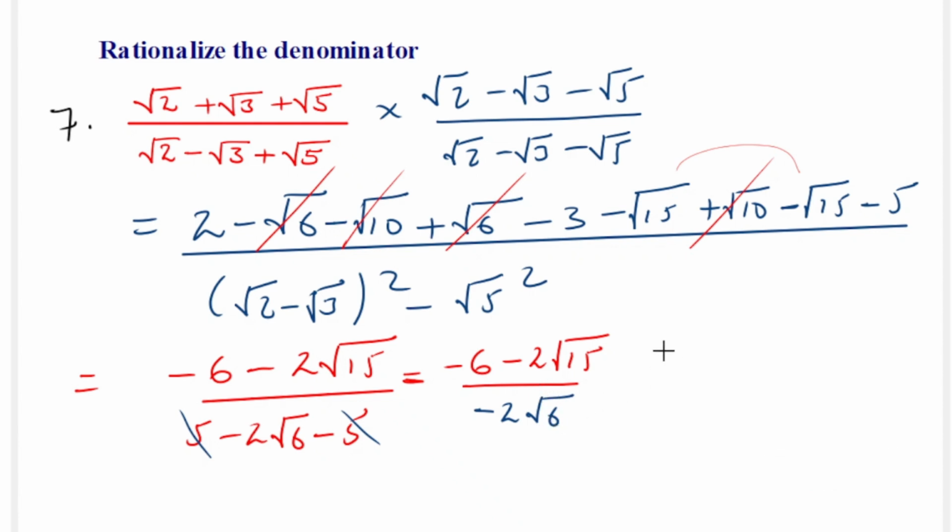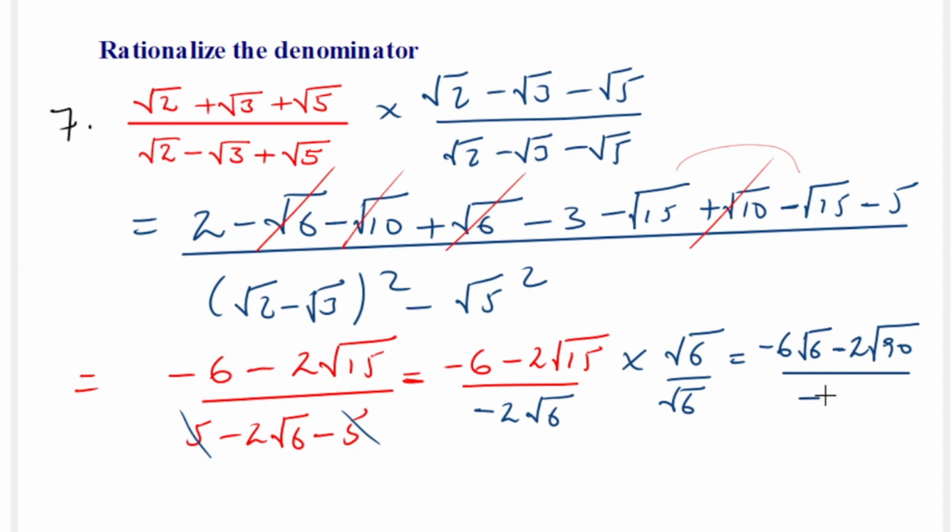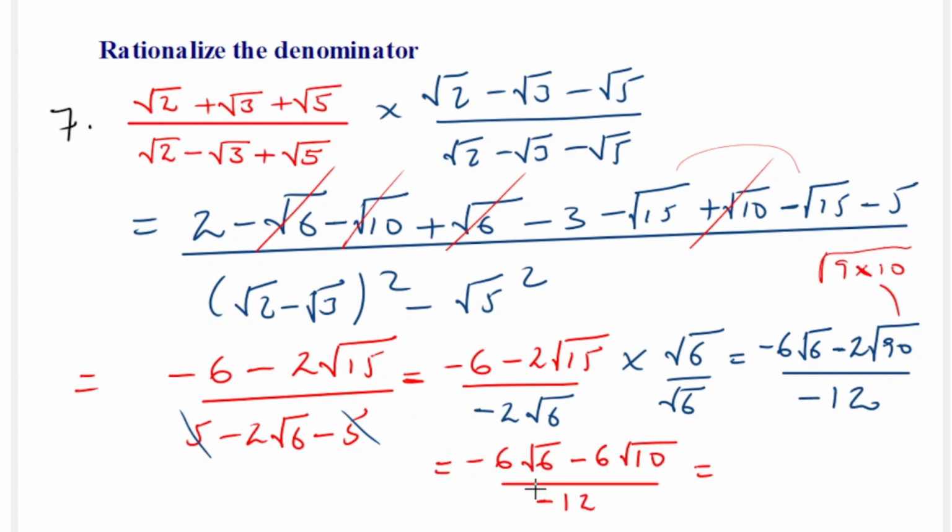We must eliminate it by multiplying both numerator and denominator by radical 6. Minus 6 radical 6 minus 2 radical 15, and this becomes radical 6 times radical 6 is 6. 6 times minus 2 is minus 12. When we simplify, it becomes radical 6 plus radical 10 over 2. So this is the answer.